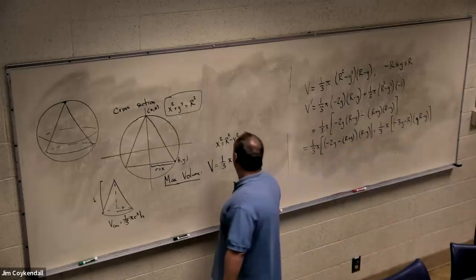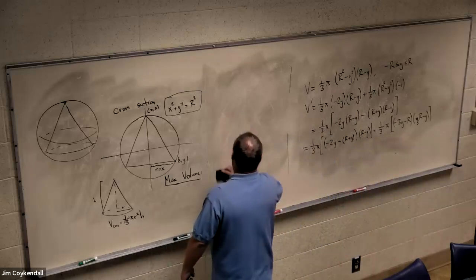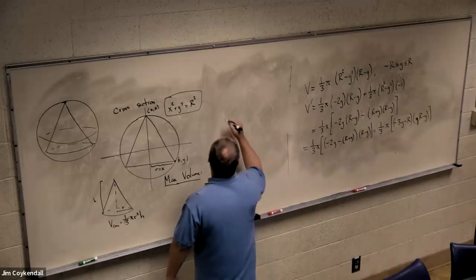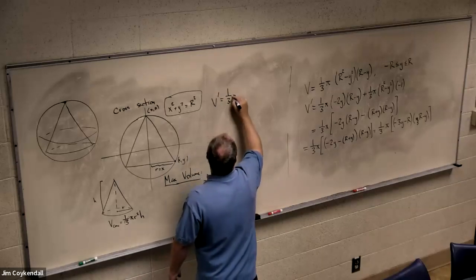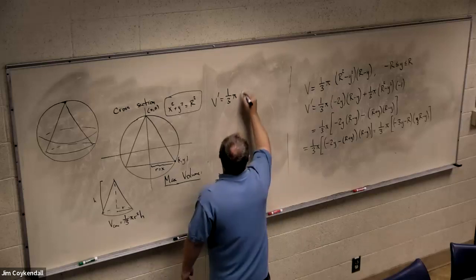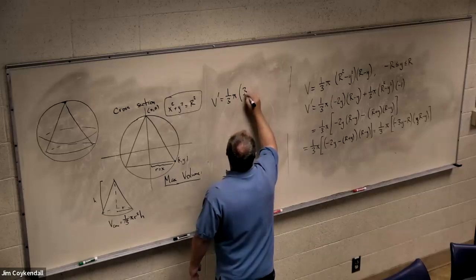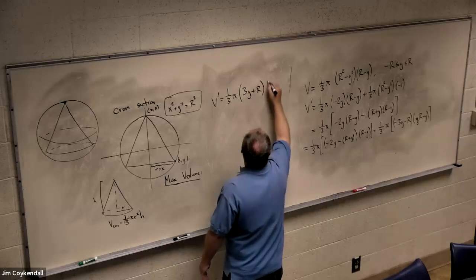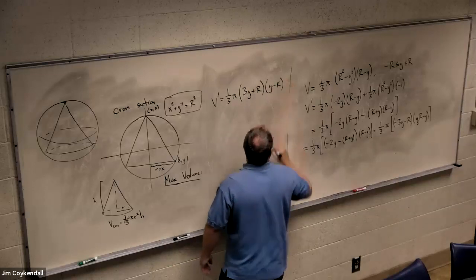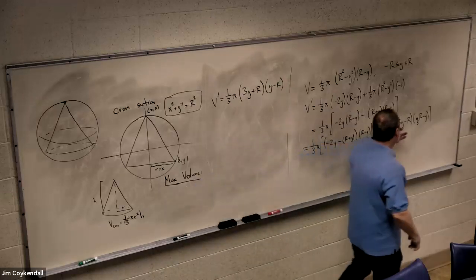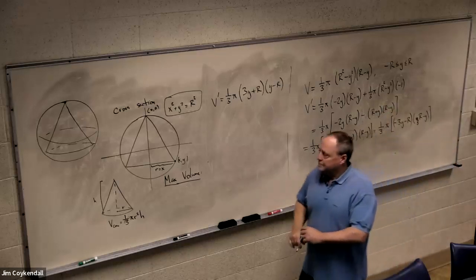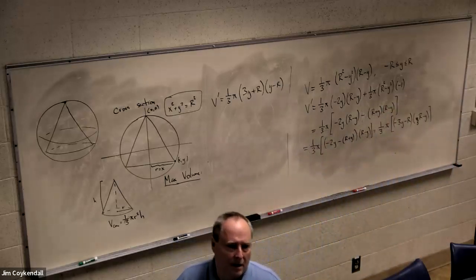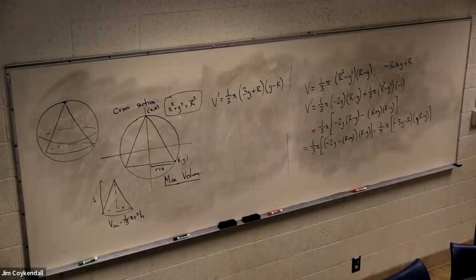And so the derivative is 1/3 pi times 3y minus R, times y plus R. All I did is take the minus sign out of that and turn around y minus R. This makes it fairly easy to pick out the critical numbers.